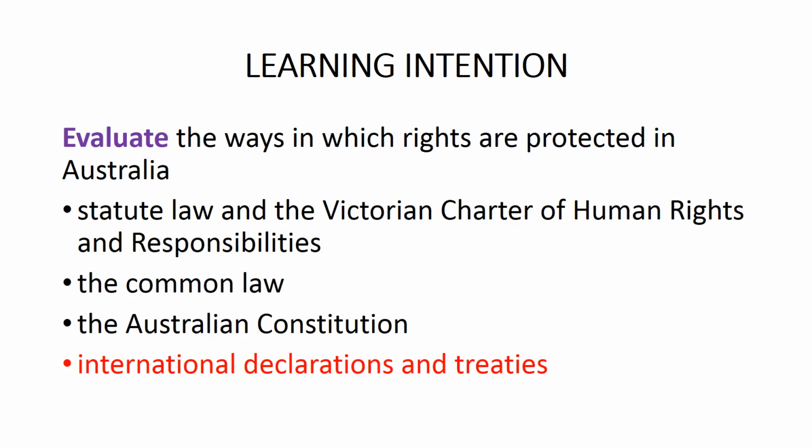However, this time I would like you to draw up your own table of the strengths and weaknesses of international declarations and treaties in protecting rights in Australia. You will use this table to assist you to write an evaluation of the effectiveness of international declarations and treaties in protecting rights in Australia.